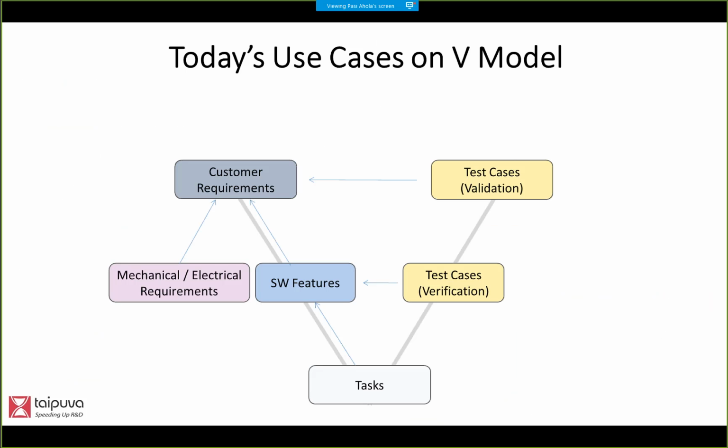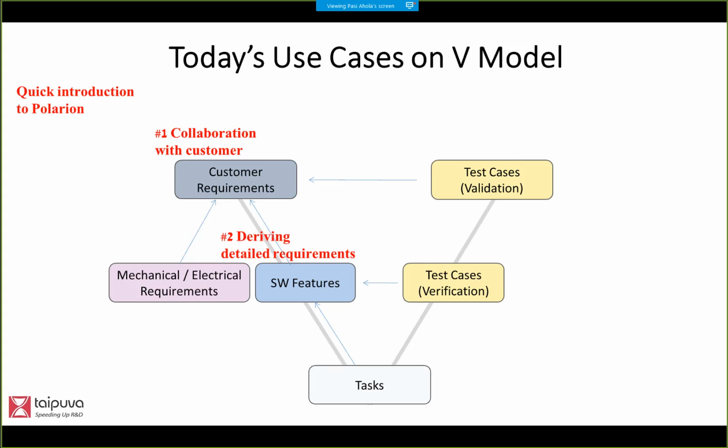Getting towards our demo, this picture shows you an overview of where our use cases are located when thinking of this simplified V model that we use today. First, we'll get a short introduction into Polarion's user interface and some terminology. Then we'll look at how we can collaborate with customer requirements.